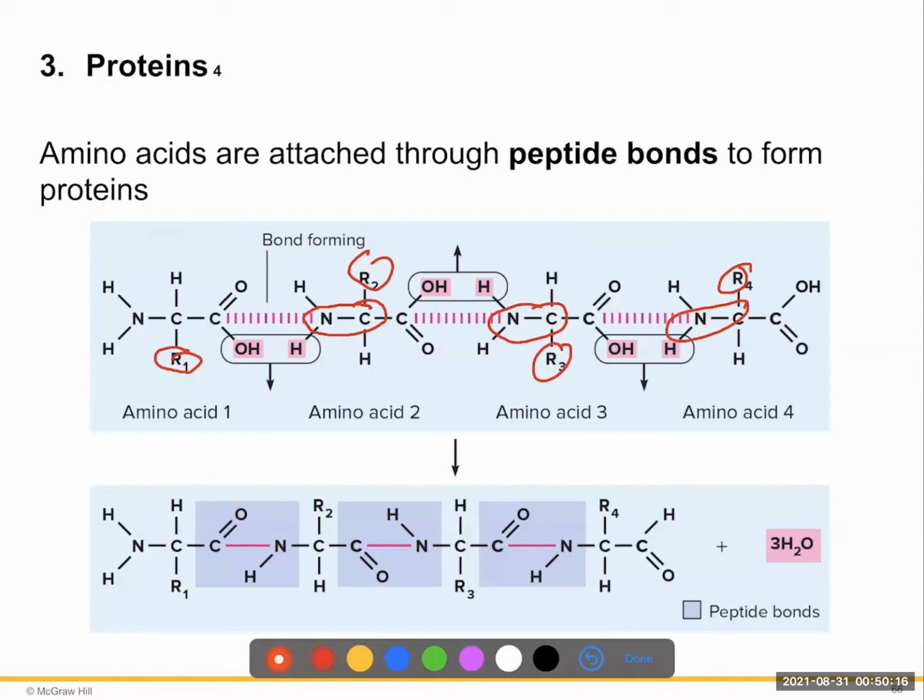That whole chain of all proteins is the exact same chain, that backbone, and the R group hanging off is different. That's what's going to make all the difference in your protein. And every one of those is a dehydration reaction. You're releasing water, releasing OH and H, and that forms water. Water is very stable, and that carbon-nitrogen bond forms. These are called peptide bonds that bond amino acids together.